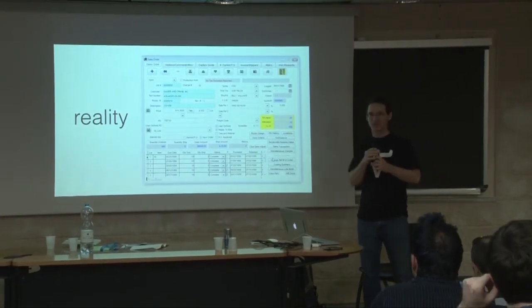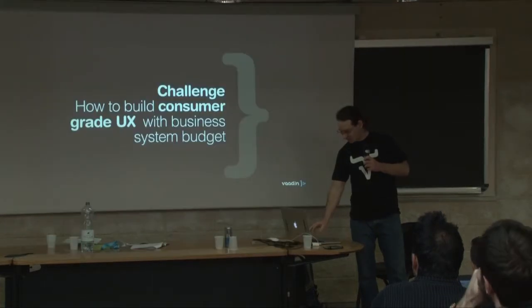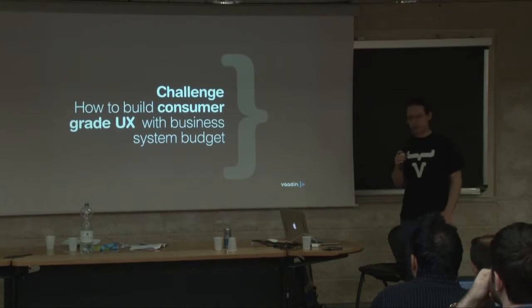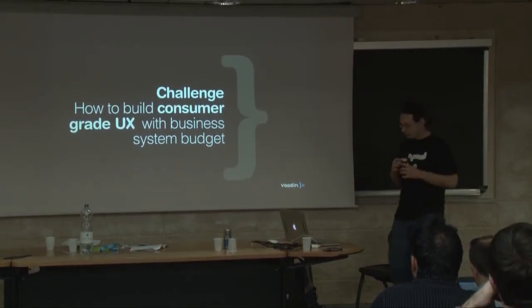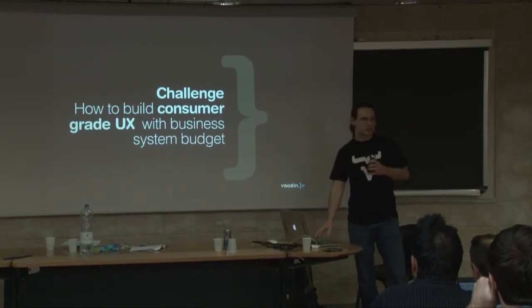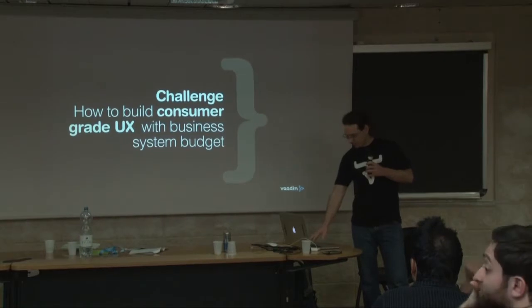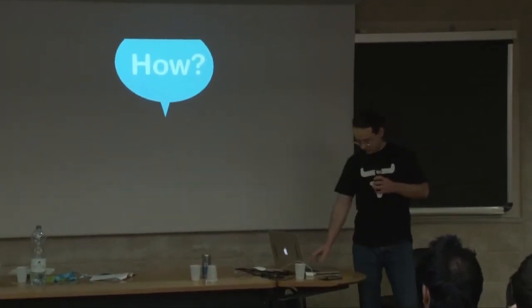Okay, somebody disagrees, but we can discuss it later. Right, so the challenge is to build a consumer-grade UX with a business system budget. And this is one of the reasons why Vaadin exists.